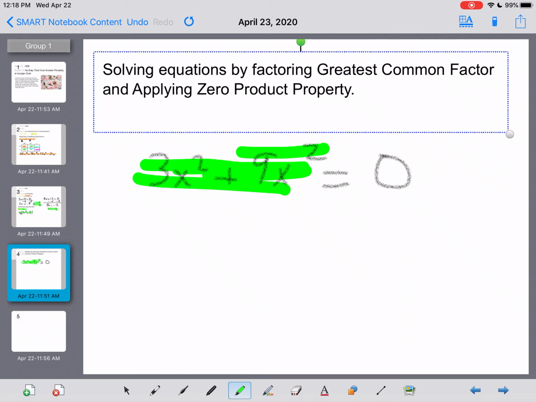Let me go back and rewrite that. This should have been 3x to the third plus 9x squared. I apologize, guys. What is the greatest common factor of 3x to the third and 9x squared? The coefficient part is 3, and the variable part is x squared, so I'm going to divide out 3x squared.